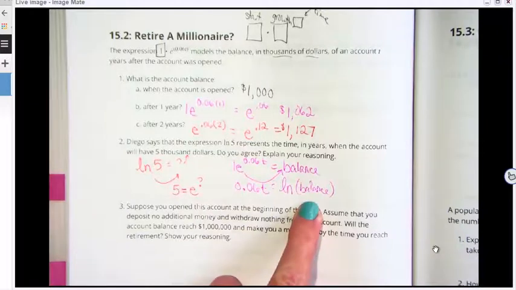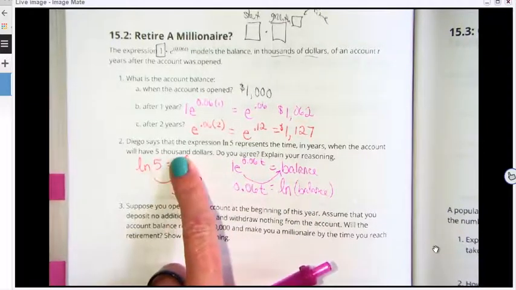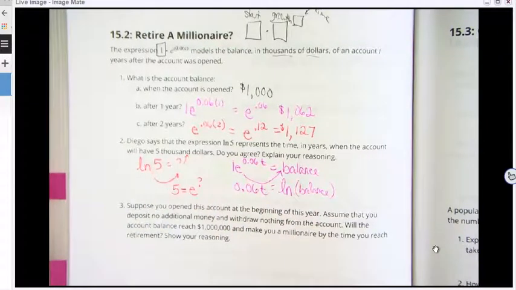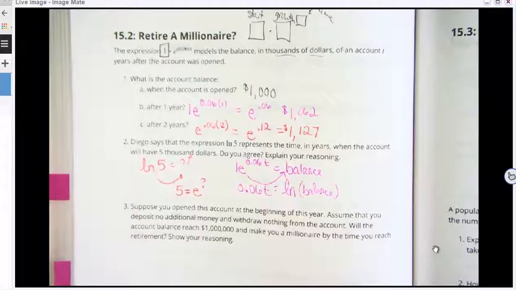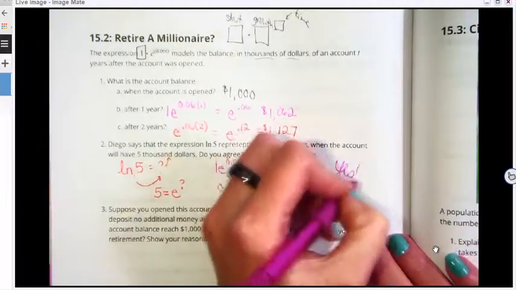So yeah, ln 5 would be the balance of $5,000. So two ways we could look at that with the input and the output. So I'm going to say yes, we would agree.